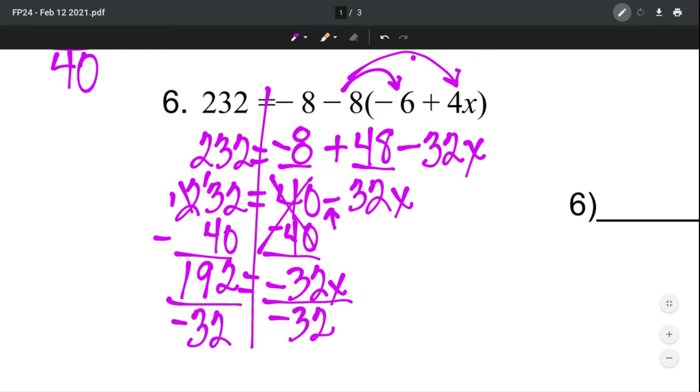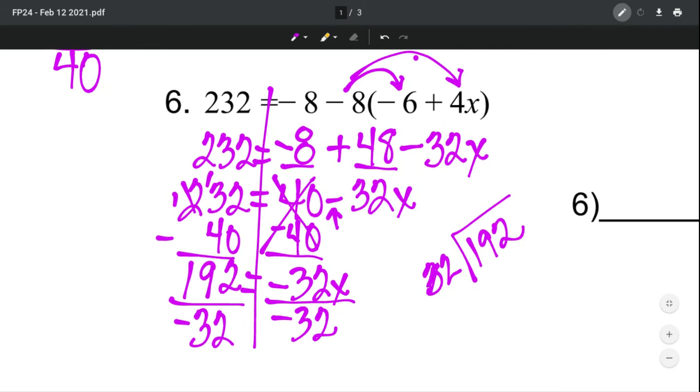-32. I'm wondering if it goes in evenly, because Mrs. Golding usually gives me problems where it comes in evenly. So then I'm trying to think about it. I don't know my 32s. Like, that's not a fact that we remember, right? So then I'm like, okay, let's make a guesstimate.